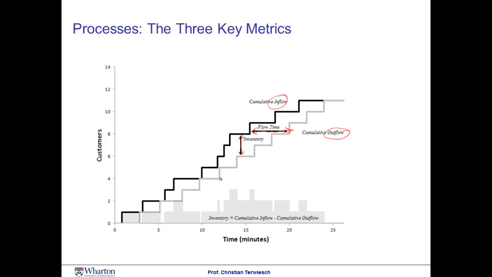If I smoothen these graphs a little bit, the slope of this line corresponds to the flow rate, namely the rate at which customers come in and go out of the restaurant. This is not a formal proof of Little's Law, but the intuition behind it.